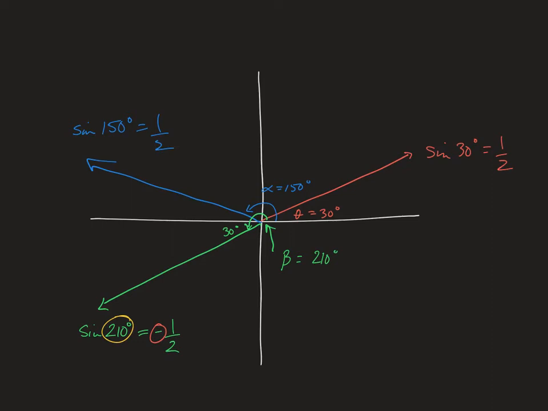When we take a look at our diagram pretty quickly, I'm hoping that we can come to one big idea. Notice that in that blue angle of 150, I am still going up from my x-axis to get to that terminal arm.